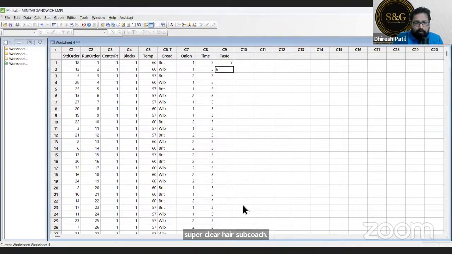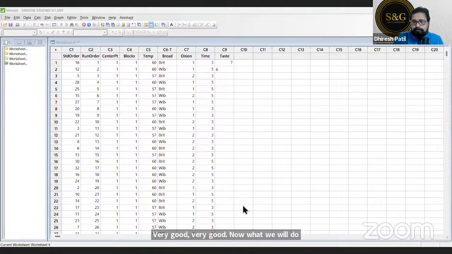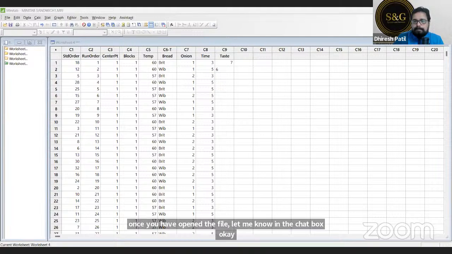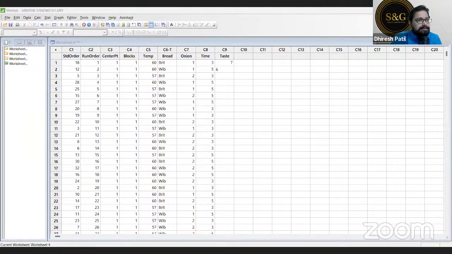Very good, very good. Now what we will do, I'm just sharing one file with you. Okay, this is a file. Just open this file. And once you have opened the file, let me know in the chat box. It's the same file, even in the chat.